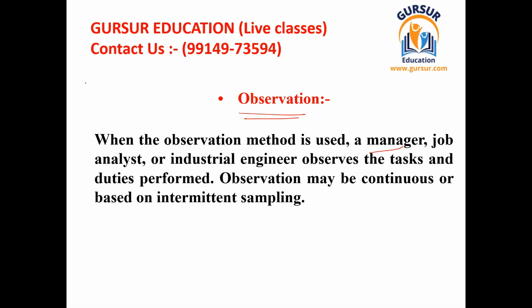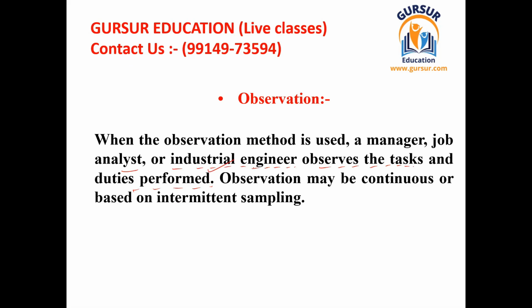a manager just goes here and there and watches the workers performing all the jobs, and he observes them, and he writes about all the tasks and duties performed for a specific job. In this way he gets to know what the contents of the job are and what different human specifications are required to perform that specific job. So when the observation method is used, a manager, a job analyst, or an industrial engineer observes the tasks and duties performed.